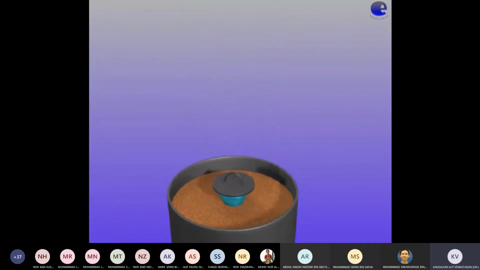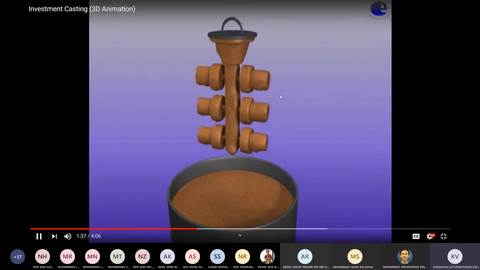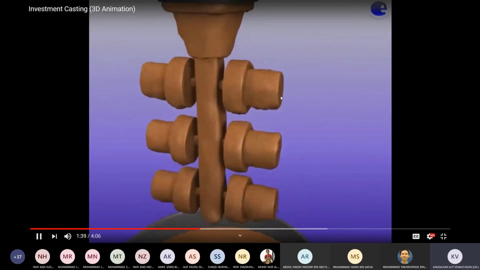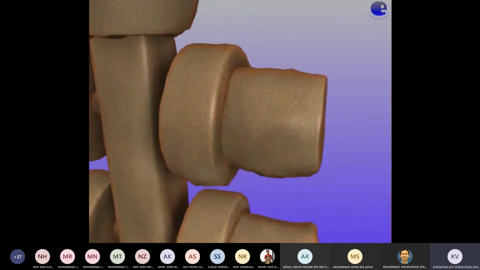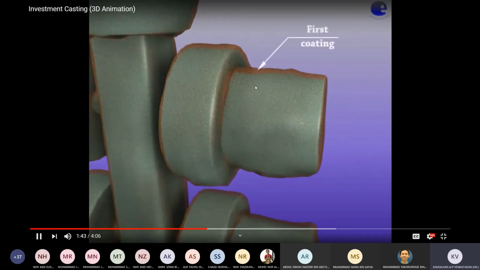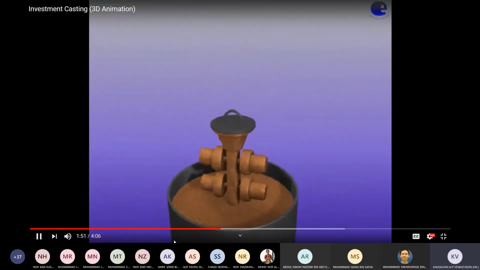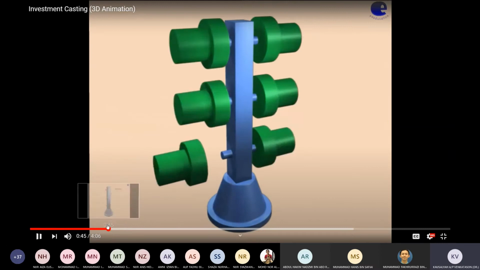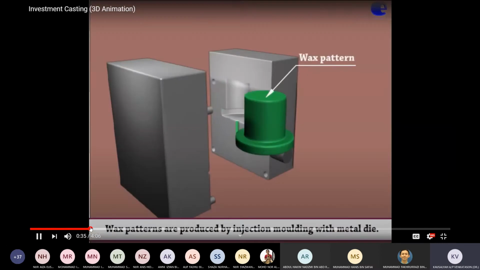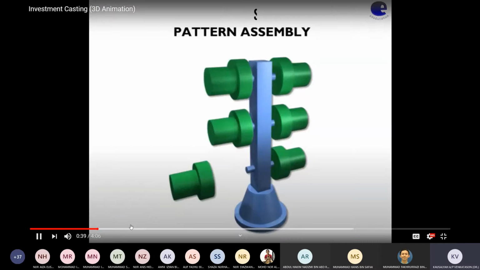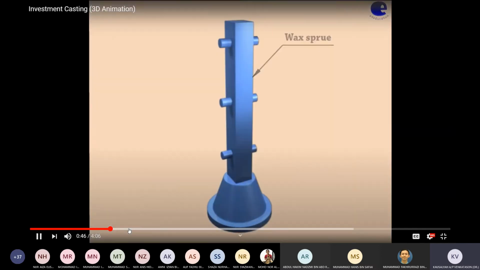So repetitive coating. This refractory material is one which can actually resist heat. So the whole idea over here, early on, is what I said. We form a wax pattern by using the MIM metal injection molding method.